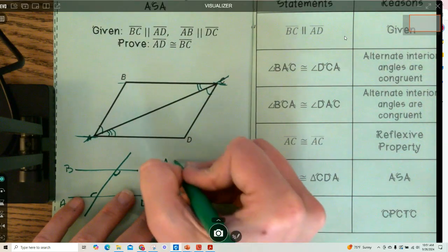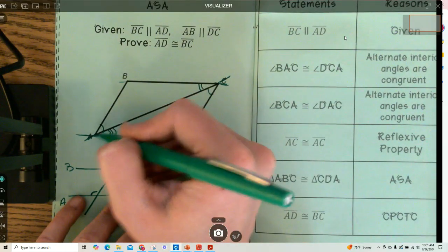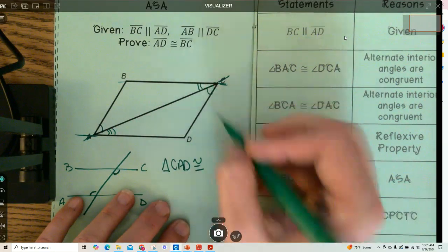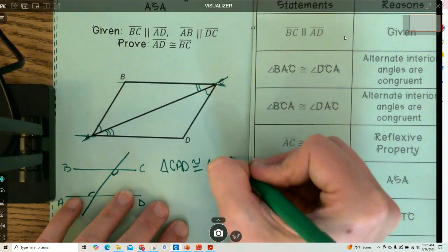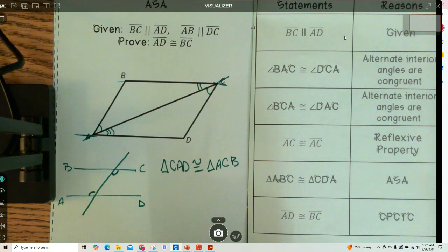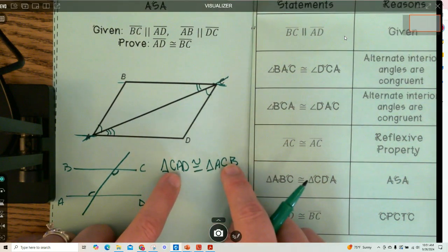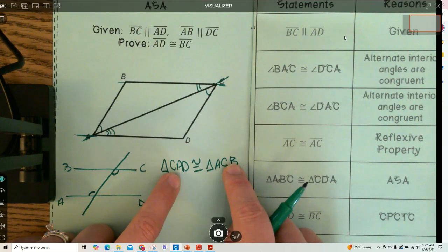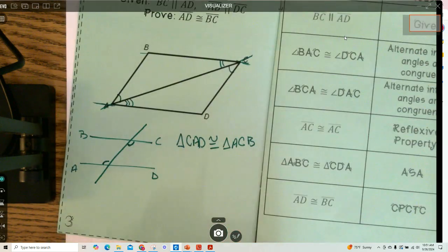That would be triangle CAD. So from the 1 mark, A, to the 2 mark, C, to the no mark, B. That's the congruency statement. Again, order. A and D have to be in the same spot as B and C. And they are. They're both at the ends of their names.